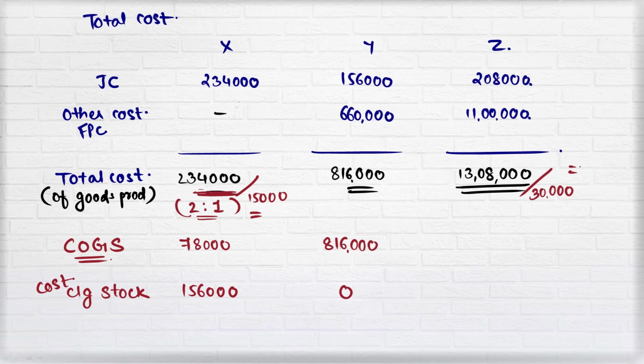What is the answer? 43.6. 22,500 into 43.6 is 9,81,000. Remaining is 3,27,000.